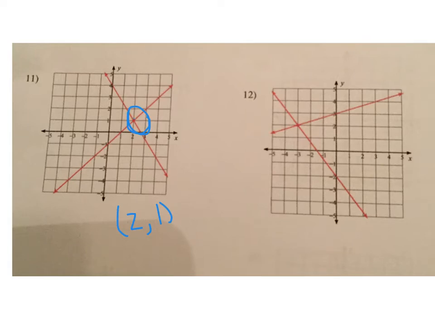Because that ordered pair, that dot right there, I went over 2 and up 1. On number 12, I'm going to circle a dot. And then my intersection here is negative 3, 2. Just a reminder, it's always the x, the y value. So those are the two answers for 11 and 12.